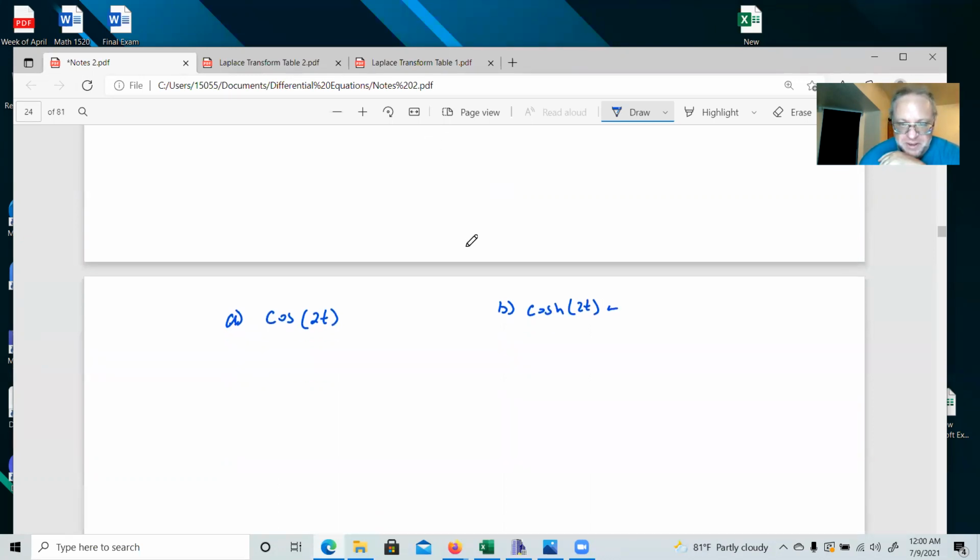But this is actually the easier of the two problems. Let me spell them out for you a little bit. If we take the Laplace transform of cosine of 2t, we're going to see the integral from 0 to infinity of e to the negative st cosine of 2t dt.